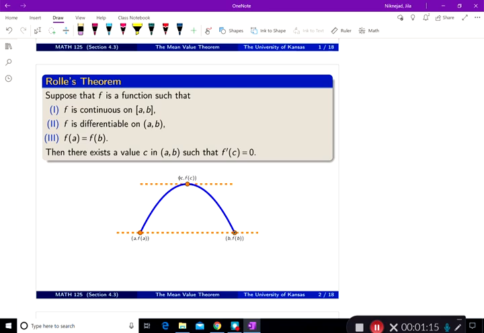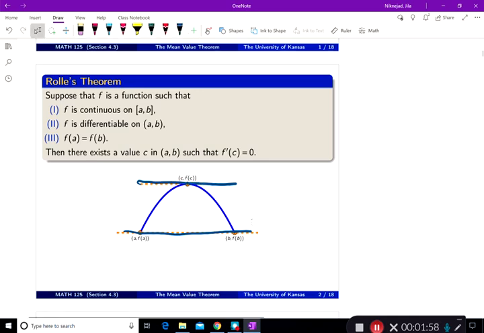Another way of rewording Rolle's theorem is that with all these hypotheses satisfied, f being continuous on a closed interval, f being differentiable on an open interval, and the two values at the endpoints being the same, we can say that the secant line, here at the bottom, between (a, f(a)) and (b, f(b)), is parallel to the tangent line at some point between a and b.